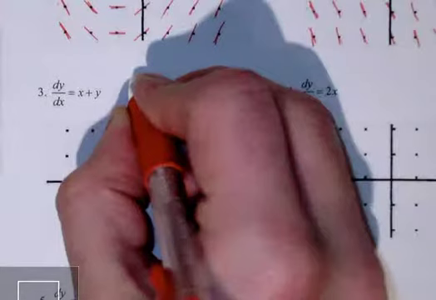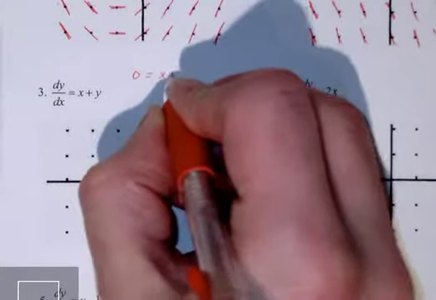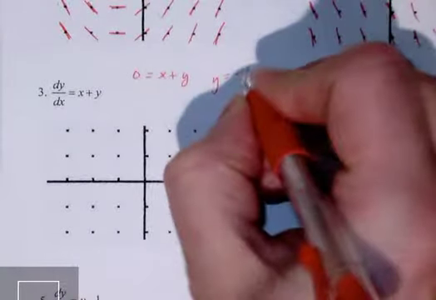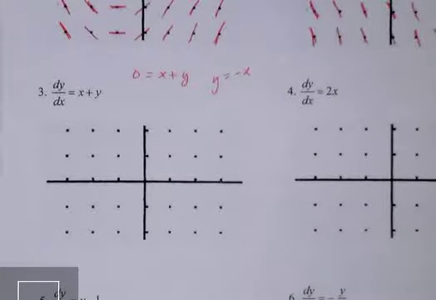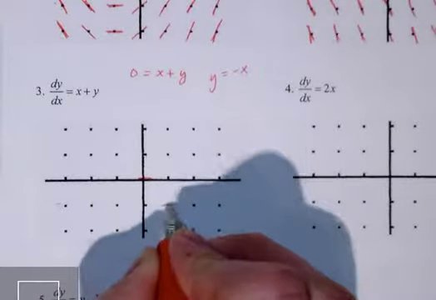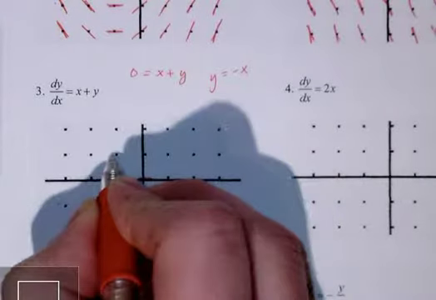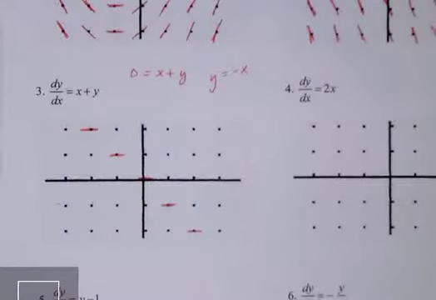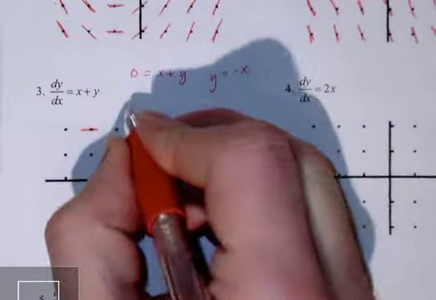Well, let's go ahead and find out. When is dy/dx going to be equal to 0? Isn't that when y is equal to -x? Okay. Well, if y is equal to -x is the point at which I'm going to have a slope of 0, then I have 0, 0, 0, 0, and 0. Okay. Now, if I actually move off, I can actually do this again for 1 if I wanted to.